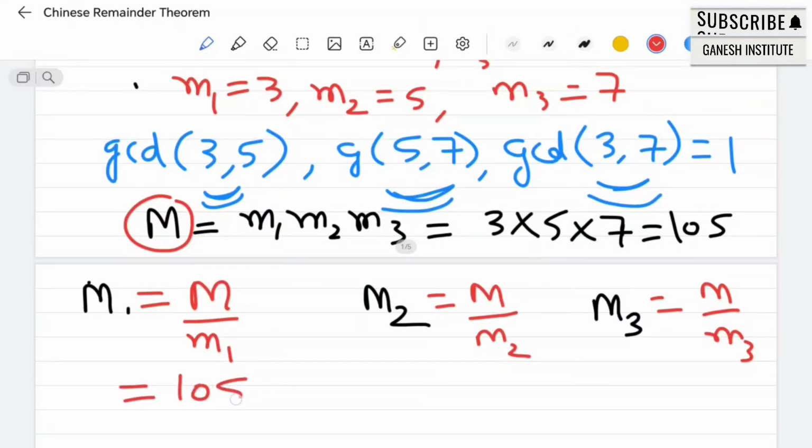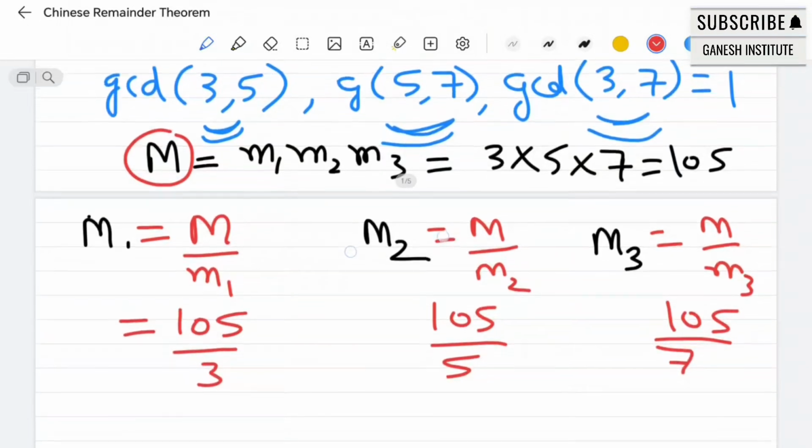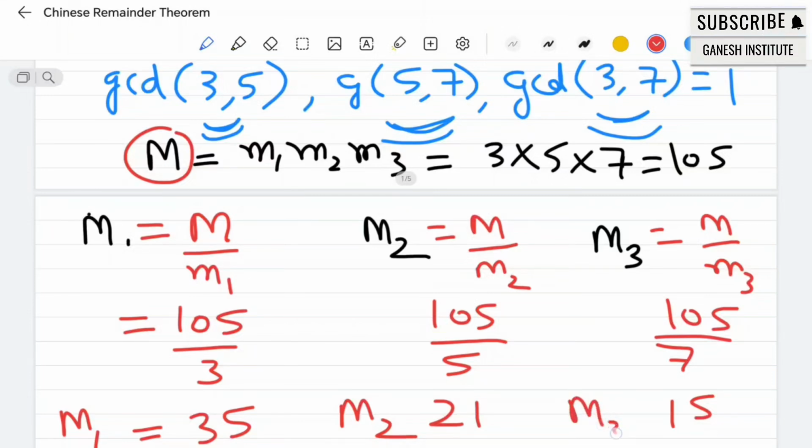It is 105 everywhere, and then divide it by m1, m2, m3. m1 is 3, m2 is 5 and m3 is 7, right? So you got here 3 3s are 9, 3 5s are 15, 35; 5 2s are 10, 5 1s are 5, 21; 7 1s are 7, 7 5s are 35, 15. So you got your M1, M2, M3, right?